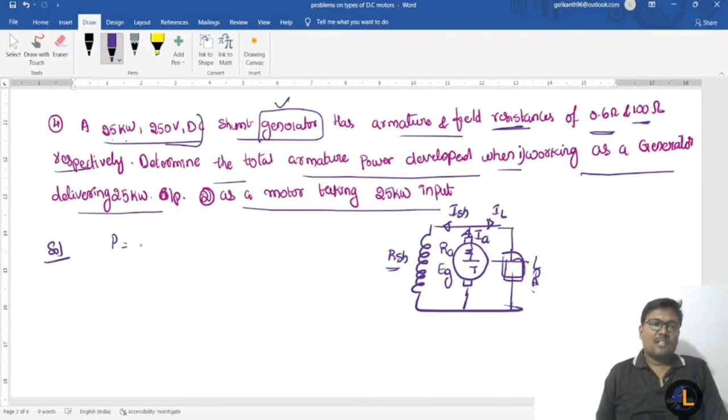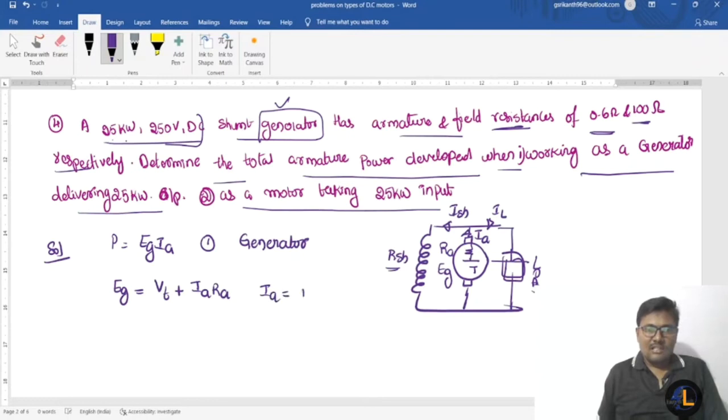So power developed in an armature is EG into IA when it acts as a generator. EG is equal to terminal voltage plus IA into RA, where IA is equal to IL plus ISH.